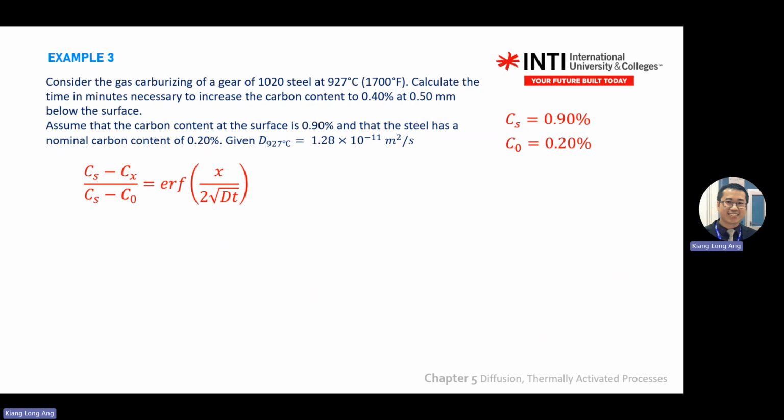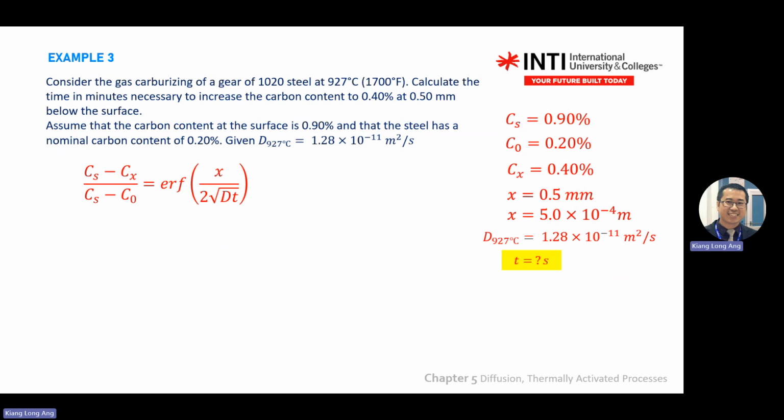X divided by 2 square root of D t. So X is 0.5, CX target is 0.4, original is 0.2, surface is 0.9. Remember to convert everything into SI units. The diffusion coefficient is given as 1.28. So the only missing value is the time.